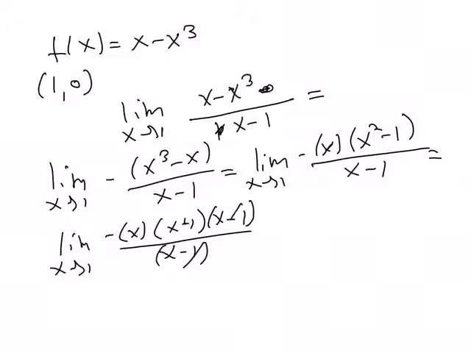These cancel. So plugging in a 1, we get negative 1 times 2, so this becomes negative 2.